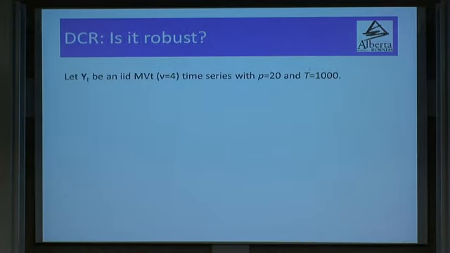Okay, so I know this is biological week, but I'm going to switch now to a couple of slides on finance, okay? So is it robust? Suppose Y_t is an IID multivariate t distribution time series where we've got 20 time series and 1,000 data points.